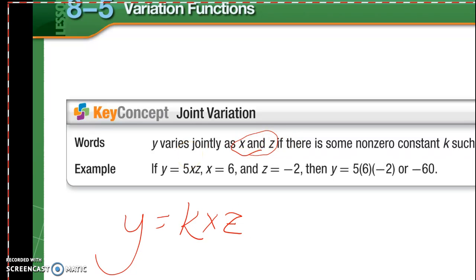So we have our constant of variation still. Anytime I see an equation that looks like this, where I have two variables changing with a constant, this would be an example of a joint variation problem, and this would be my constant of variation.